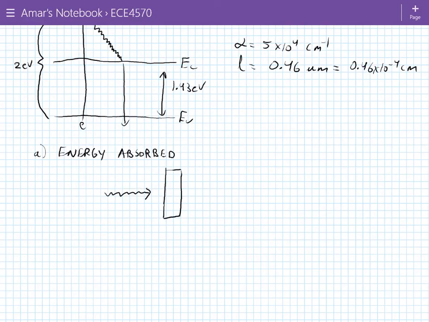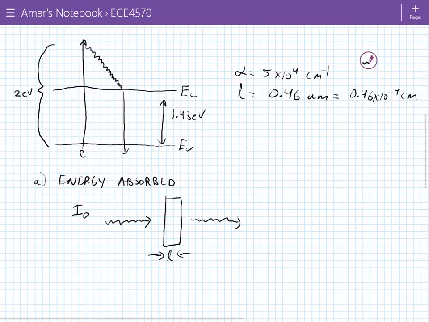The sample has a certain thickness, and that thickness is L. You have some amount of light transmitted. So this is I0, and this is IT. I0 is the incident light. IT is the transmitted light.